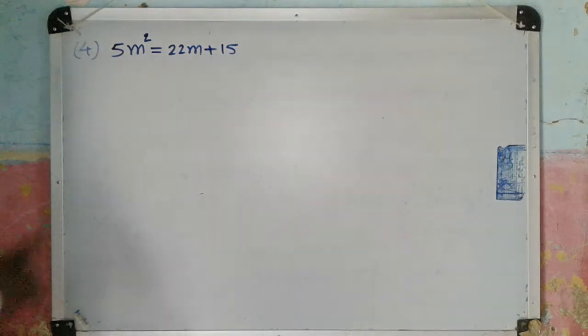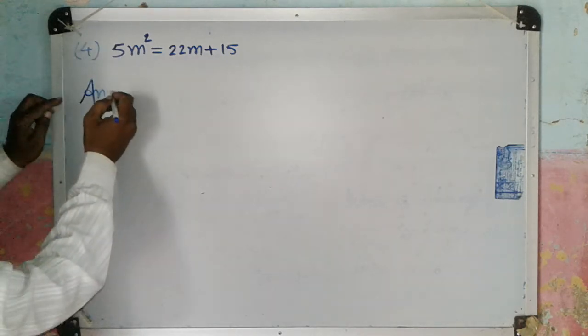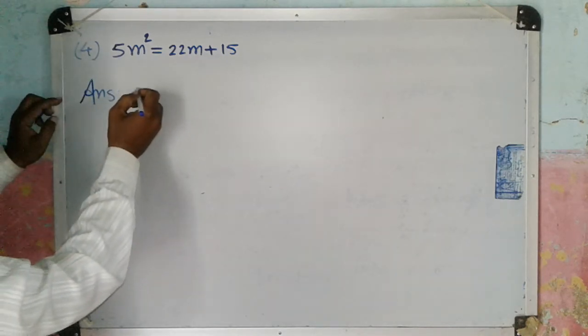Now, fourth example, 5m square is equal to 22m plus 15. So this is our given quadratic equation.